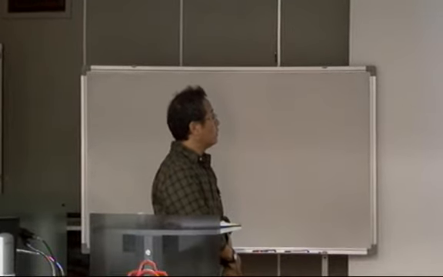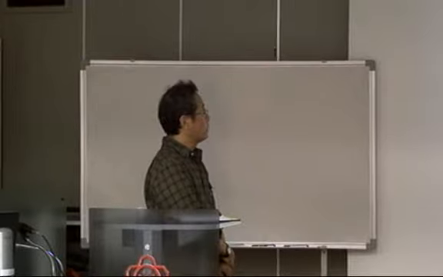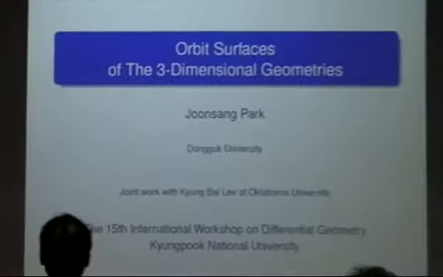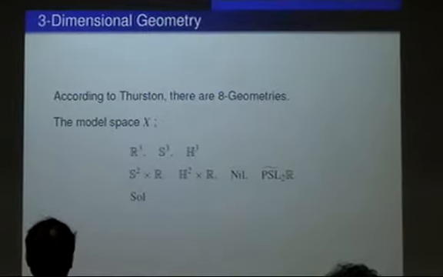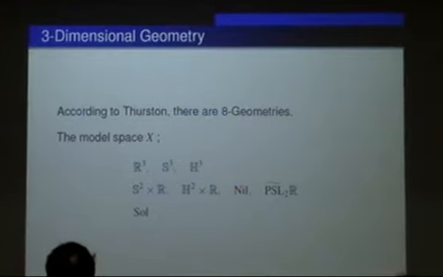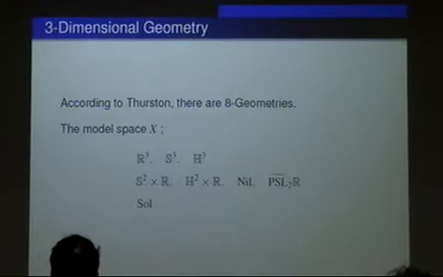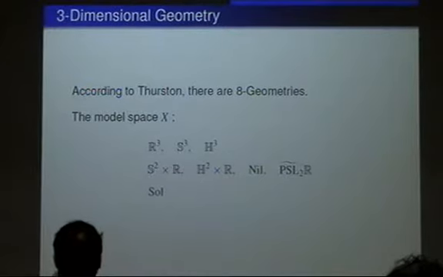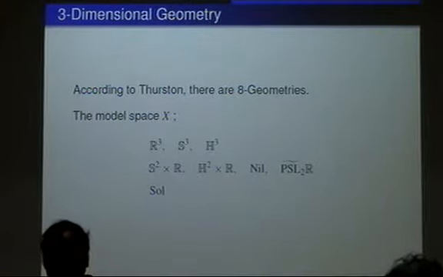I would like to talk about orbit surfaces of the three-dimensional geometries. So what do you mean by the three-dimensional geometries? According to Thurston's geometrization program, he suggested eight three-dimensional geometries.